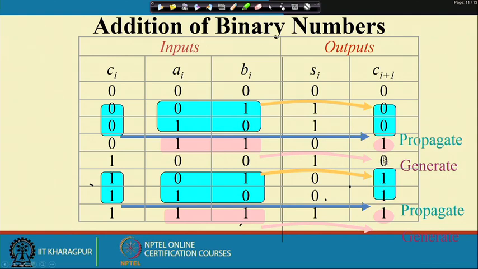So, that means for this particular case, the carry is being propagated. Propagated means that if this particular combination happens, based on the carry input bit, the carry output bit will be selected, whether that is 0 or 1.